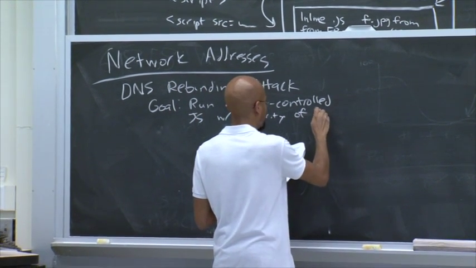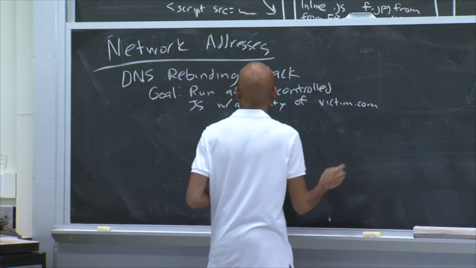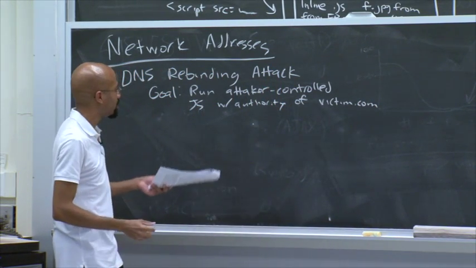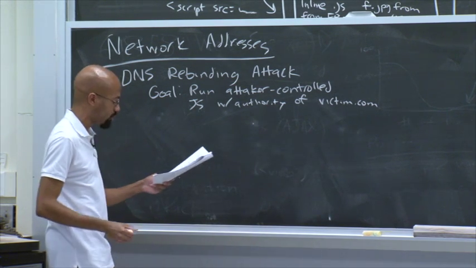Let's call them victim.com. Right, so the attacker wants to bust the same origin policy and somehow run code that he has written with the authority of some other site.